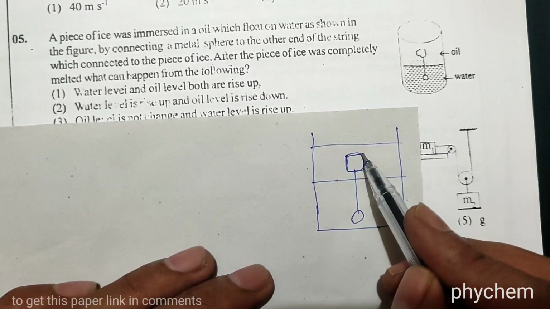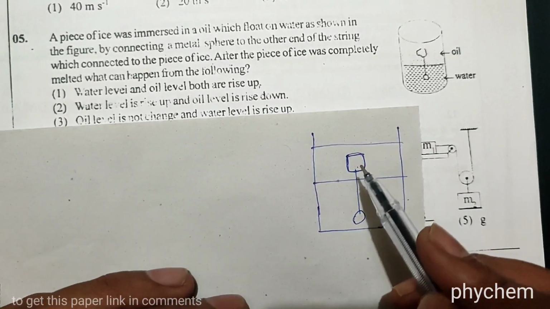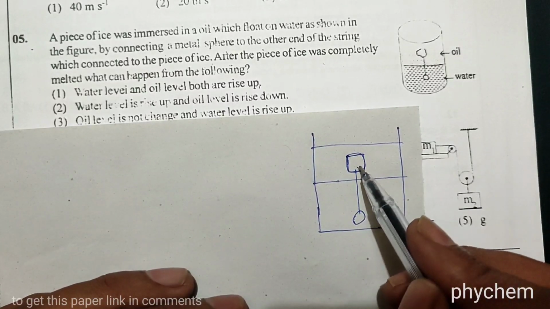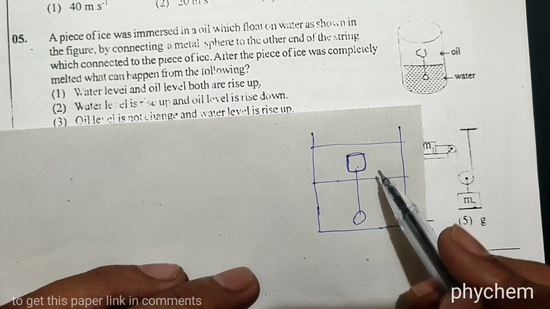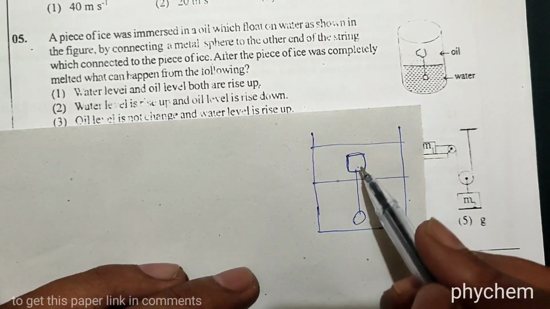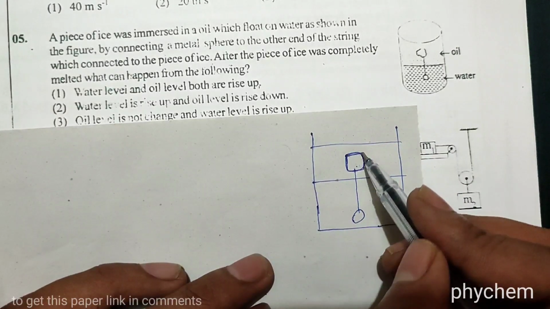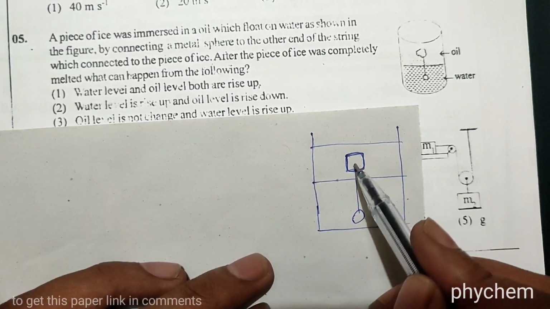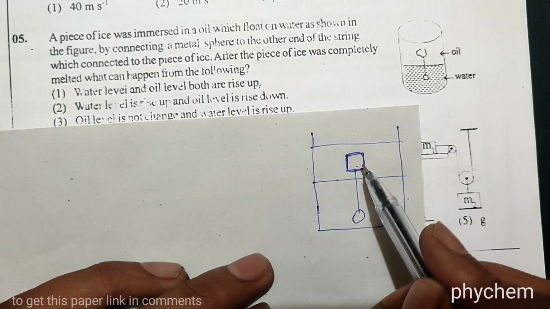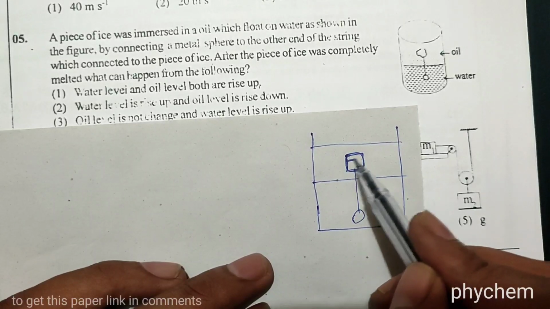You know that the initial amount of mass in this ice cube has to be equal after the melting, when it is converted into water. The mass is conserved, never going to be changed. So initially it has higher volume with the same mass. After it transforms into water, the volume has to decrease. The volume will become like this.